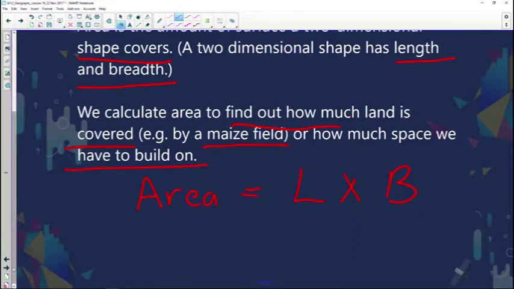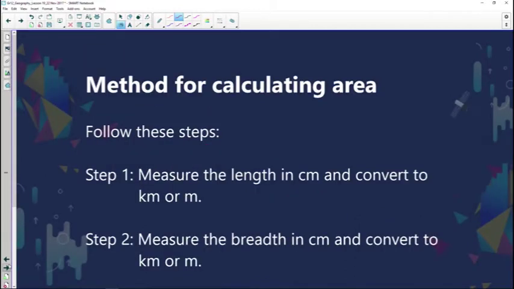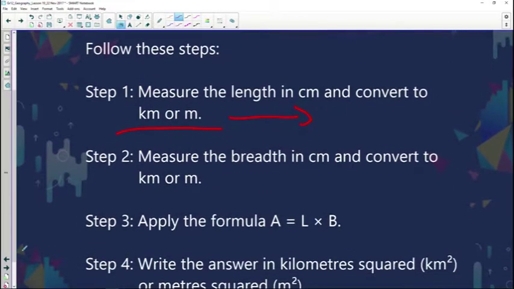If we quickly continue to the next slide, there are a couple of steps we need to look at. The first step: measure the length in centimeters and convert it to kilometers or meters. The question will stipulate if they want your answer in square kilometers or square meters. Second step: measure the breadth in centimeters and convert it to kilometers or meters, the same procedure as step 1.